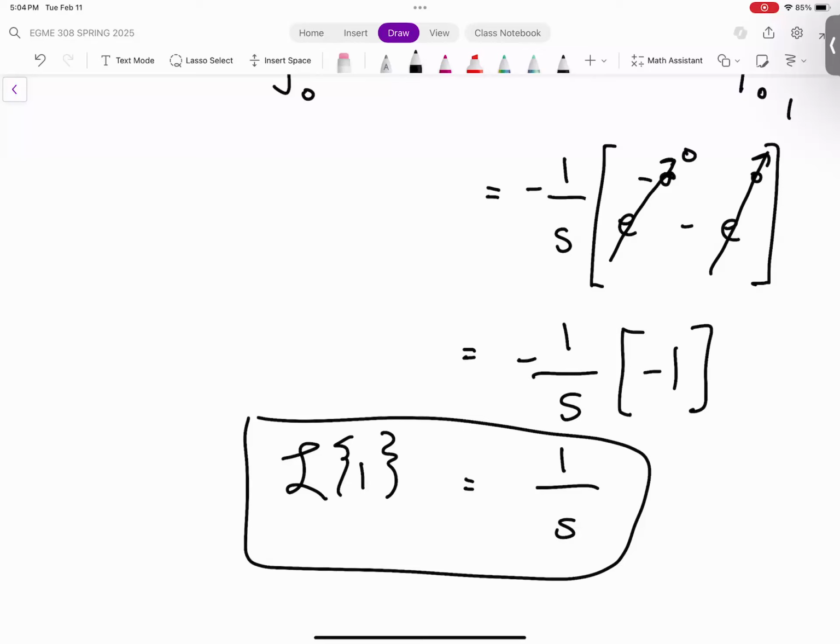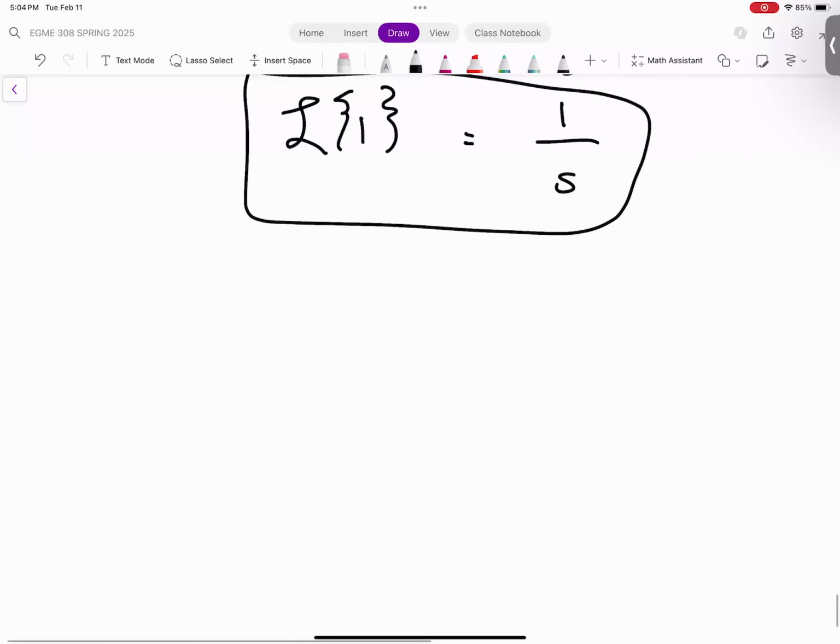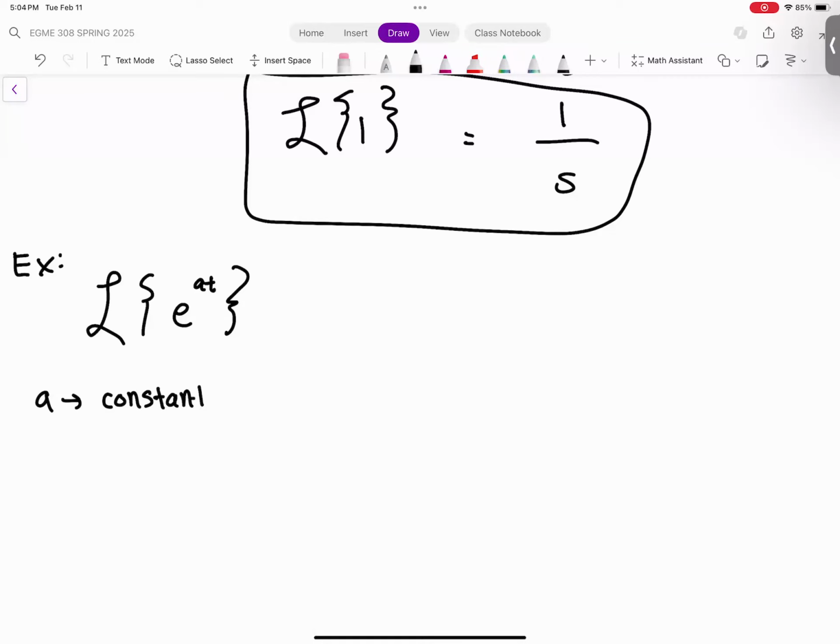Okay, so let's do another one. Let's do the Laplace transform of e to the at, where a here is just a constant. Let's plug it into our transform formula.